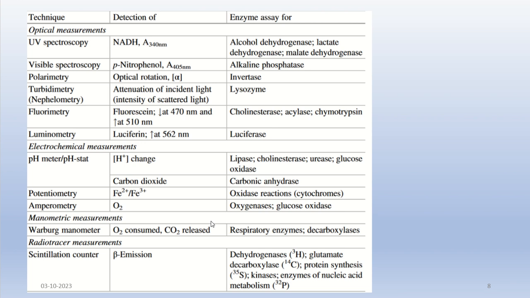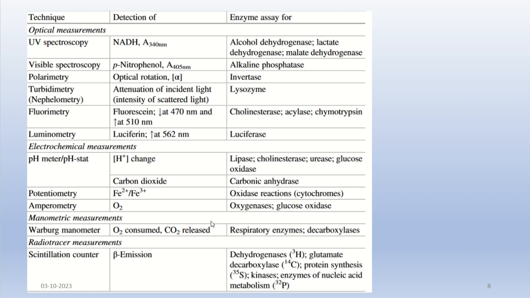For example, enzymes like alcohol dehydrogenase, lactate dehydrogenase or malate dehydrogenase: the detection of NADH is at 340 nanometers in the UV range. Similarly, in visible spectrophotometry, alkaline phosphatase is a very important medical enzyme. Alkaline phosphatase can also be determined to tell whether you have been drinking or not, or whether your kidney function is good or appropriate.